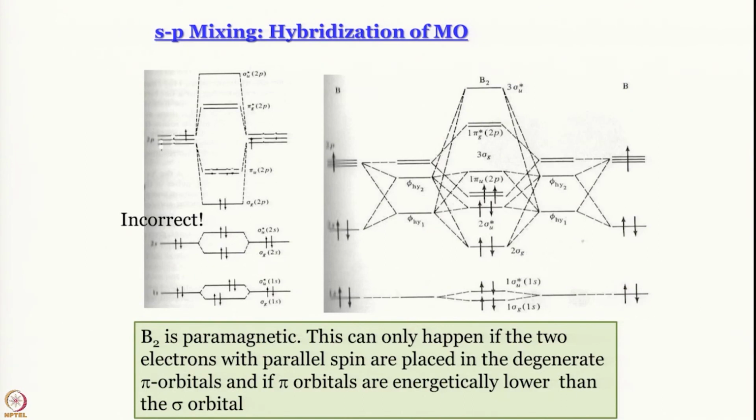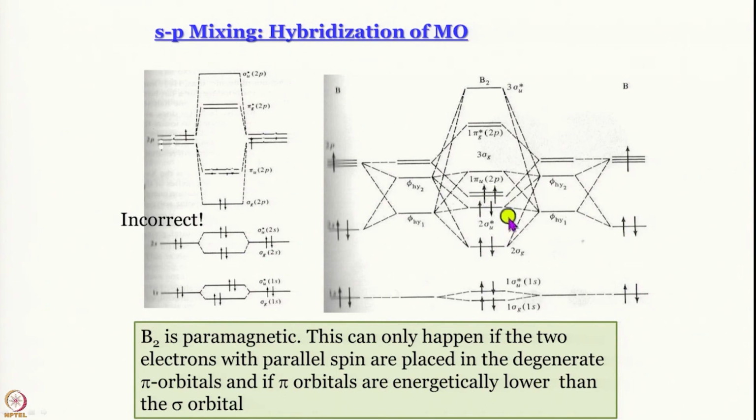Now, does it work only for nitrogen or for other things as well? I will go through this quickly. B2 is known to be paramagnetic, and that would only happen if you have energetics like this. If the sigma orbital were lower, then that would be the HOMO and the electrons would be paired.